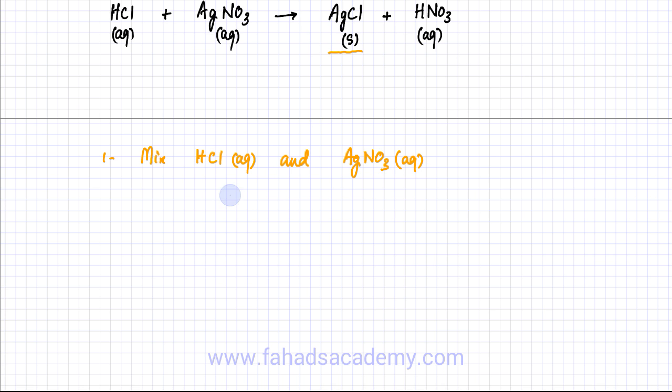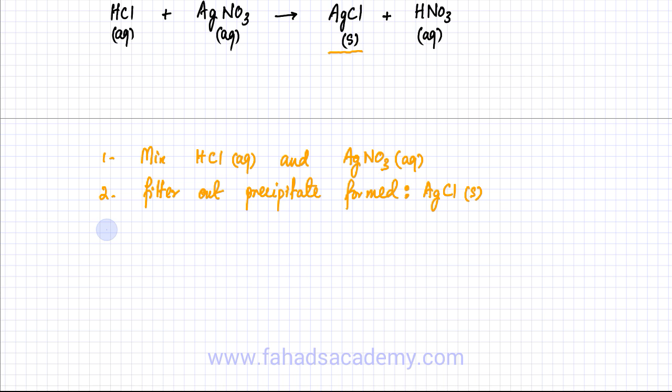The second part would be that I will filter out any precipitate that is formed, and in this particular case the precipitate is AgCl. So I'm going to filter out the precipitate formed, which in this particular case is AgCl solid.